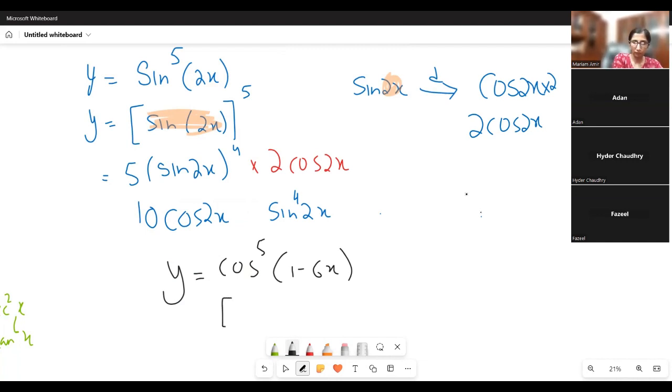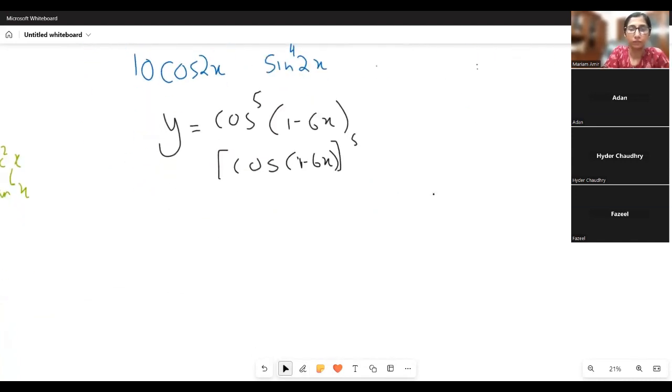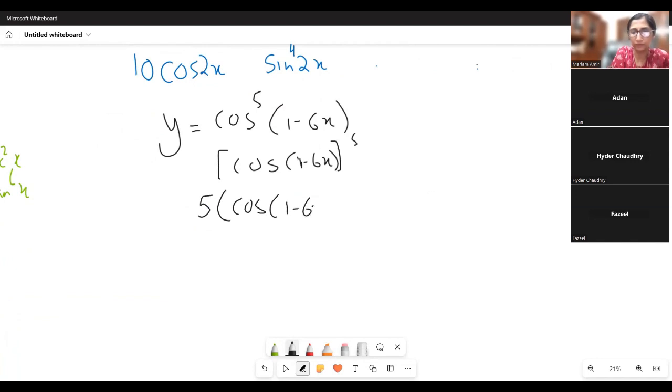So whole power 5 cos 1 minus 6x. 5 bracket cos 1 minus 6x power 4 times the derivative of this.